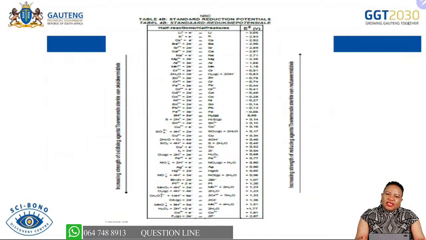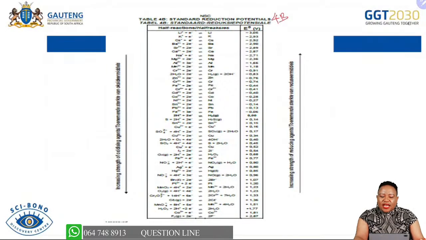Now let's look at the table of reduction potential, because this will assist you to identify most of the reactions that are going to occur and the substances that are going to undergo those reactions. I'm using this table 4b not because there is something wrong with table 4a.